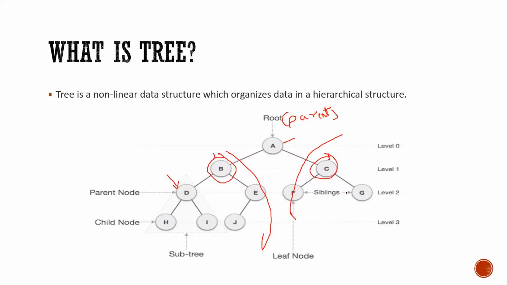The nodes which share a common ancestor, like here F and C share a common ancestor, are called siblings. And if we take the example of F, G, H, I, and J, they are just the end nodes, right? There are no child nodes for F, G, H, I, and J. So these nodes are known as leaf nodes.